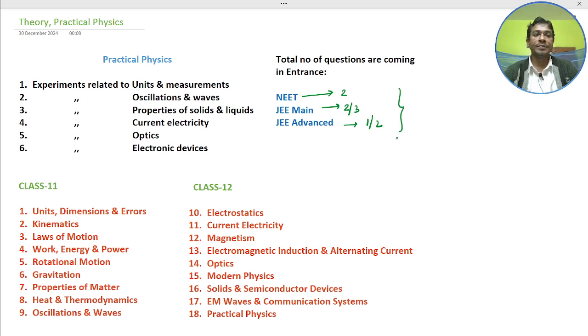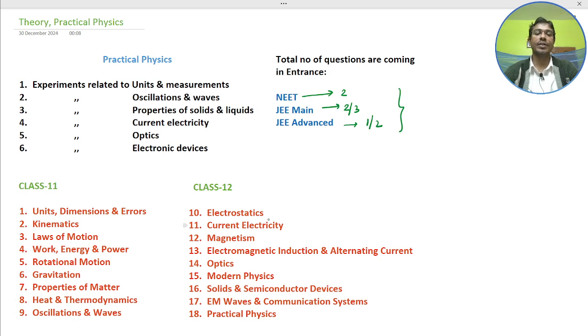So you see, practical physics. In NEET, JEE Main and Advanced physics there are a total of 18 units. First, in class 11: units, dimension and error, kinematics, laws of motion, work energy power, rotational motion, gravitation, properties of matter, heat and thermodynamics, oscillation and waves.